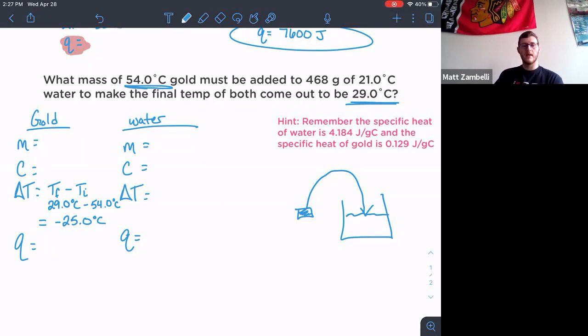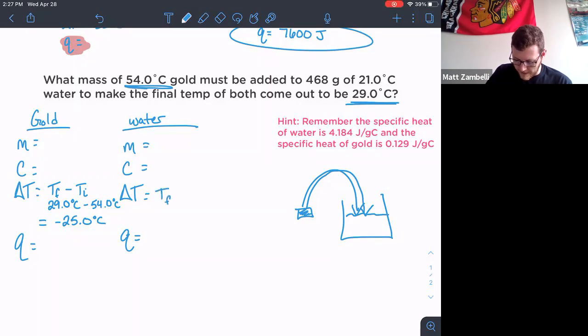That's fine. Do we know the temperature of water originally? Awesome. It was 21 degrees Celsius. So before our metal got added into the beaker, it was 21. And then once our gold was added to the beaker, it moved up to 29.